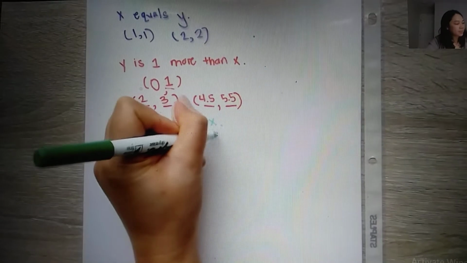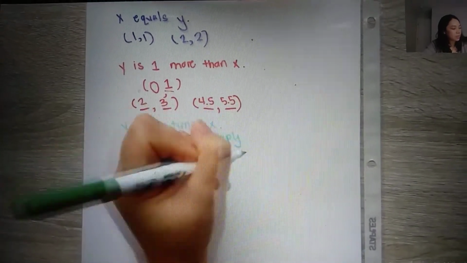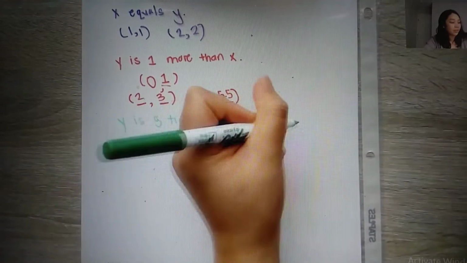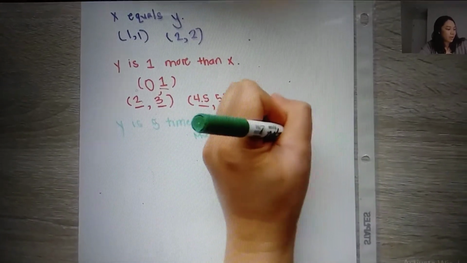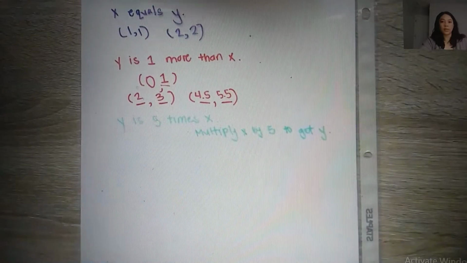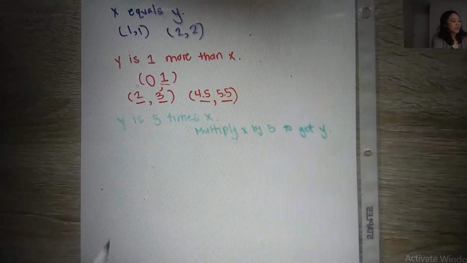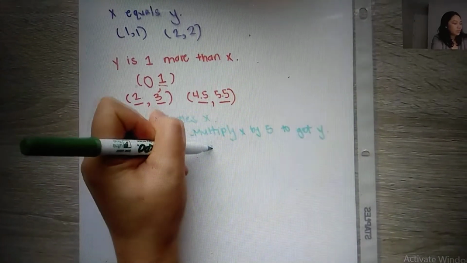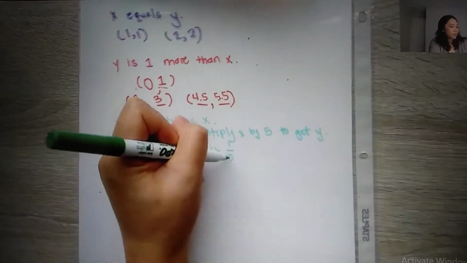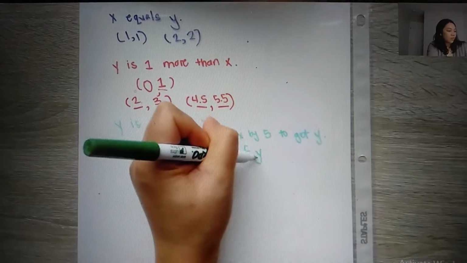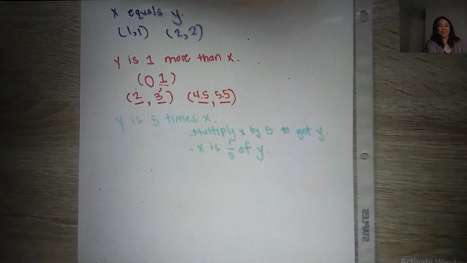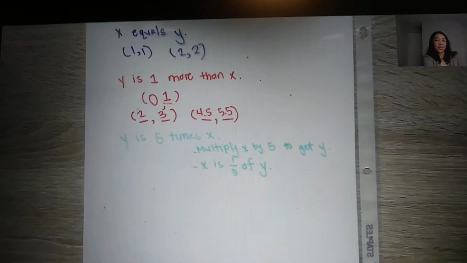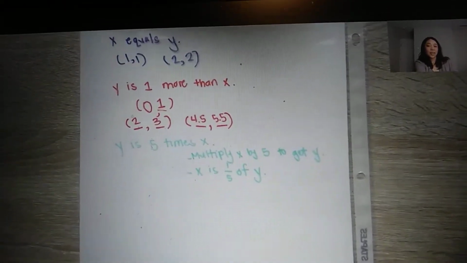Multiply x by 5 to get y. And another way I stated it was that x is 1/5 of y. Do you understand that? X is 1/5 of Y.